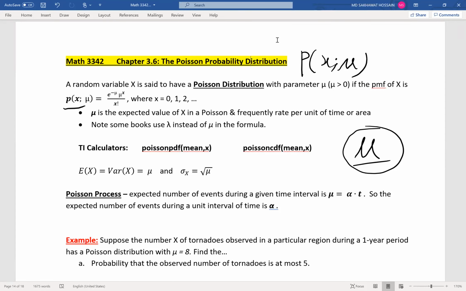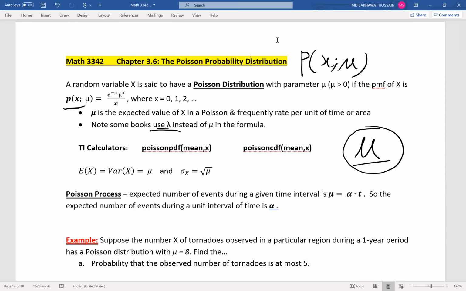In this case, you can also have some other parameter. Instead of mu, you can have the parameter lambda. Okay, different books use different notation. Some books use lambda as a parameter, and some books use mu as a parameter. But they are the expected value of x.